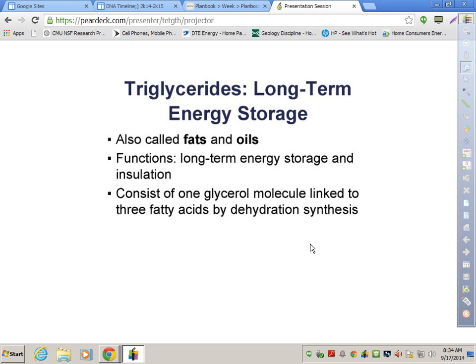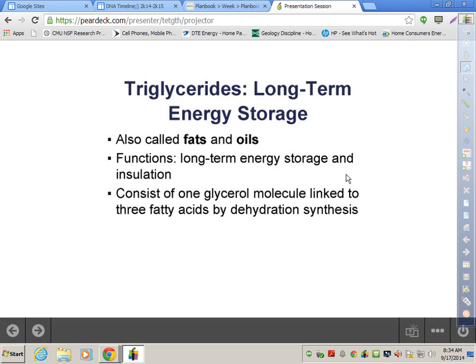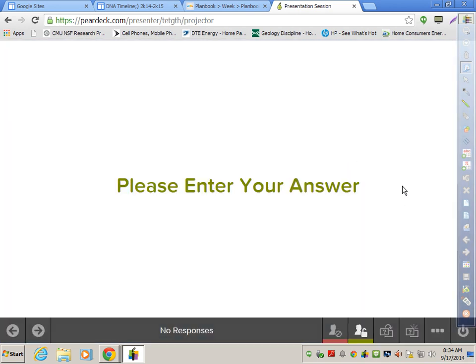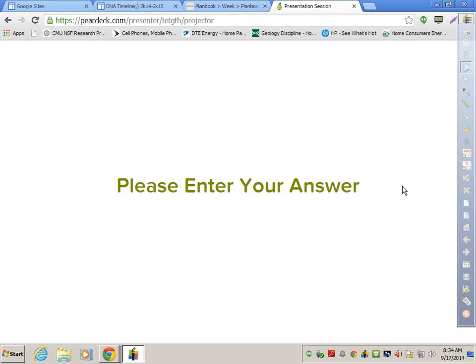Fats are saturated. When I say saturated, what do I mean? Mostly single bonds, okay? Let me ask you guys a question. Let's see who knows this. When I say saturated, what would I be saturated with? Type it in.